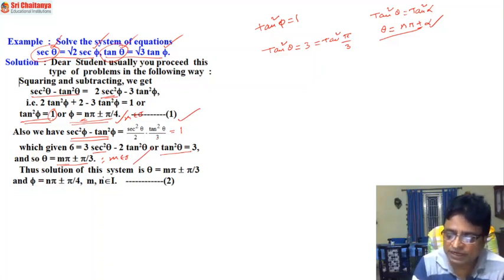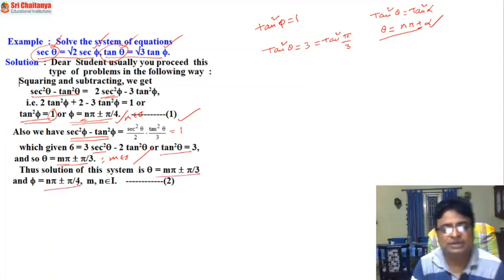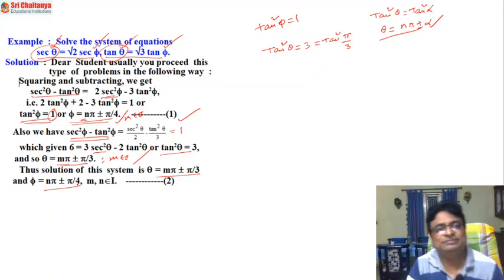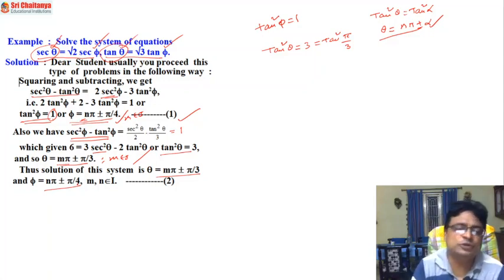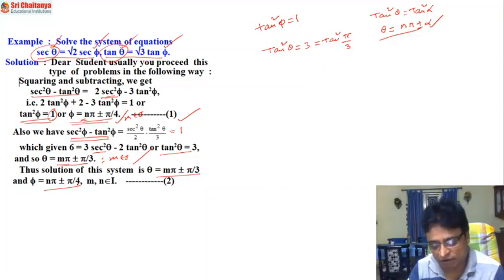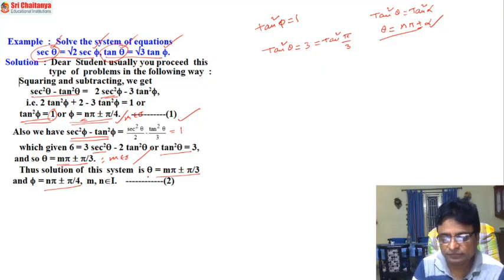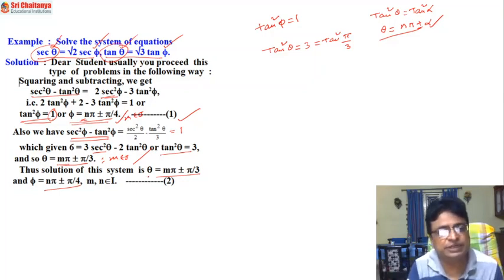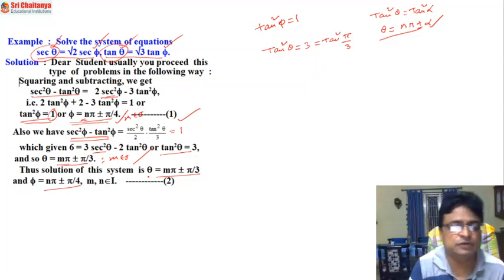So finally my solution set is theta, phi equal to this one and this one. But after getting these solutions, my suggestion is, you just check: for all values of m, you will get infinite values for theta. Similarly, for all values of n, you will get different values for phi.